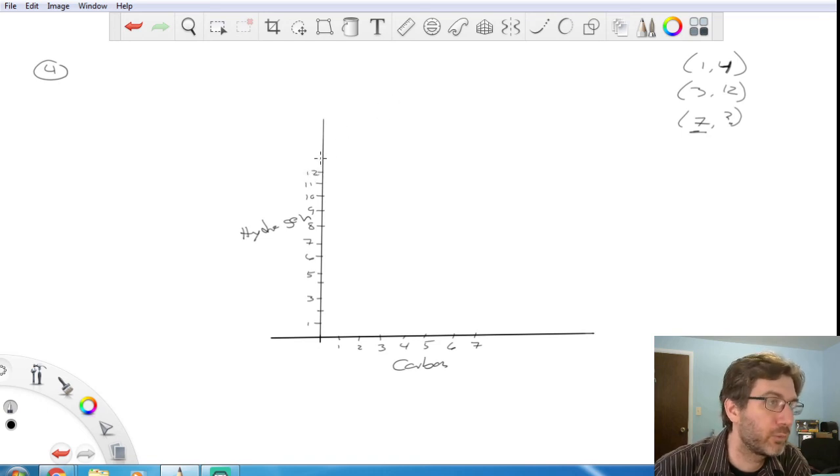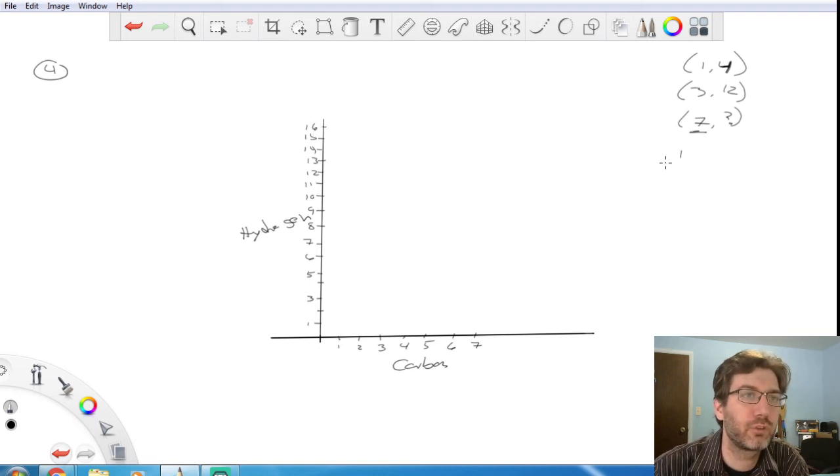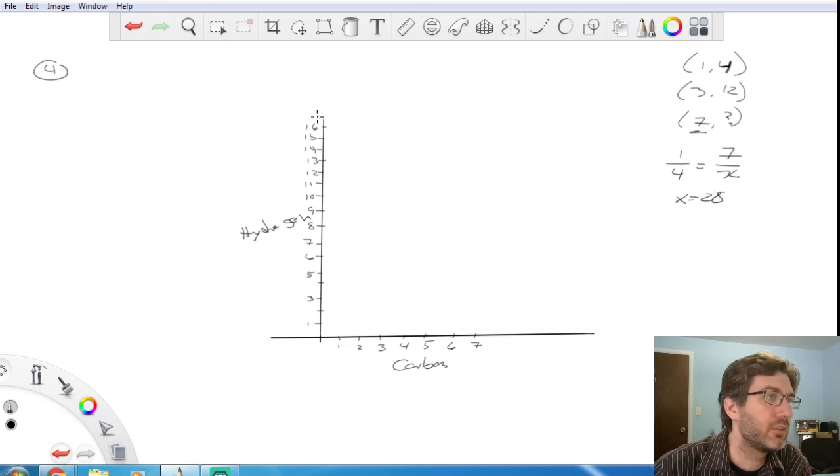I'm not going to have enough room on this either. 13, 14, 15, 16. Because again, you can solve the proportion for this. I'm looking for 28. I don't know if I can get that back.